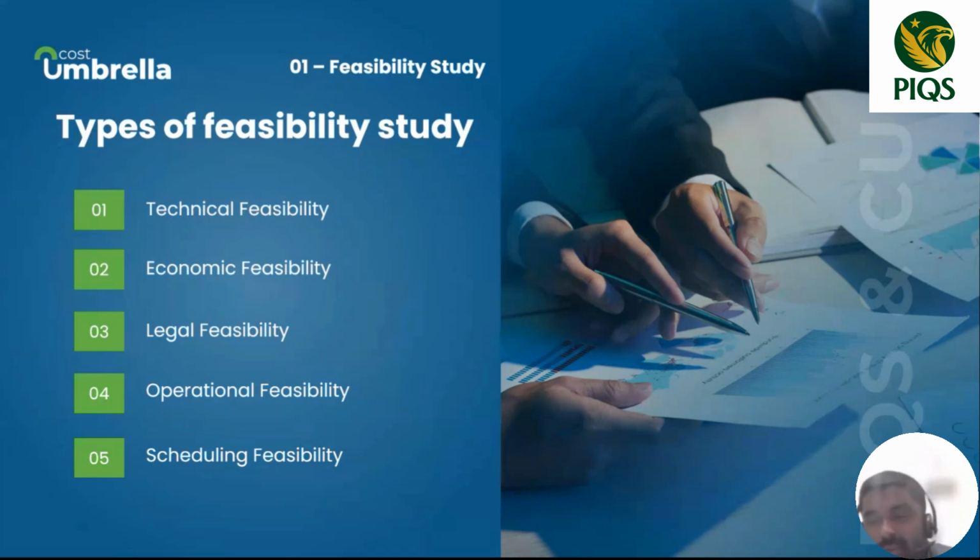A lot of departments and authorities have standards and laws, so you have to comply with that. Then the operational feasibility and scheduling feasibility. Rather than discussing these one by one now, we'll discuss them one by one in detail later. Can we go to the next slide, please?